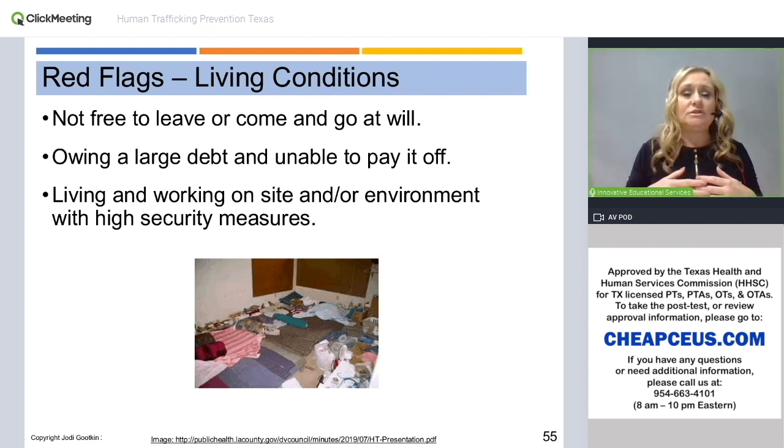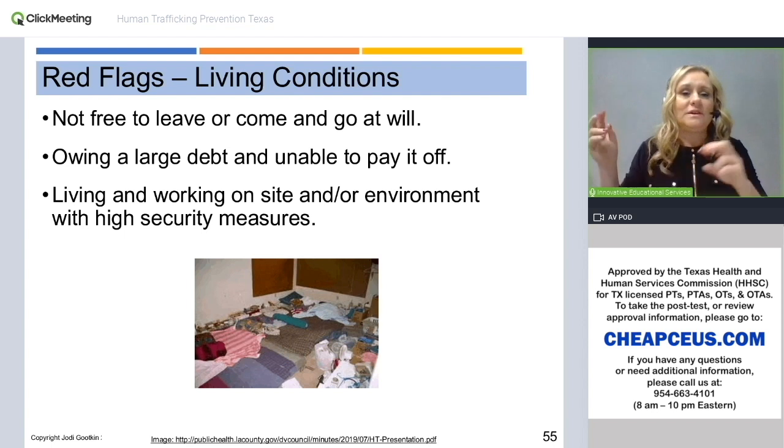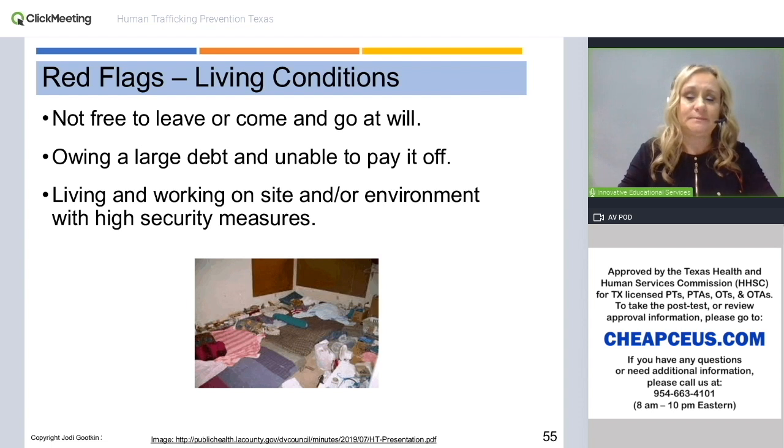They needed to pay for all of their personal hygiene items in order to live, to get their food, out of this very small salary that they were given, and they were never permitted to leave. So the employer provided so low of a salary, charged such high cost for all of these life expenses, that the individual was never able to pay off that debt.